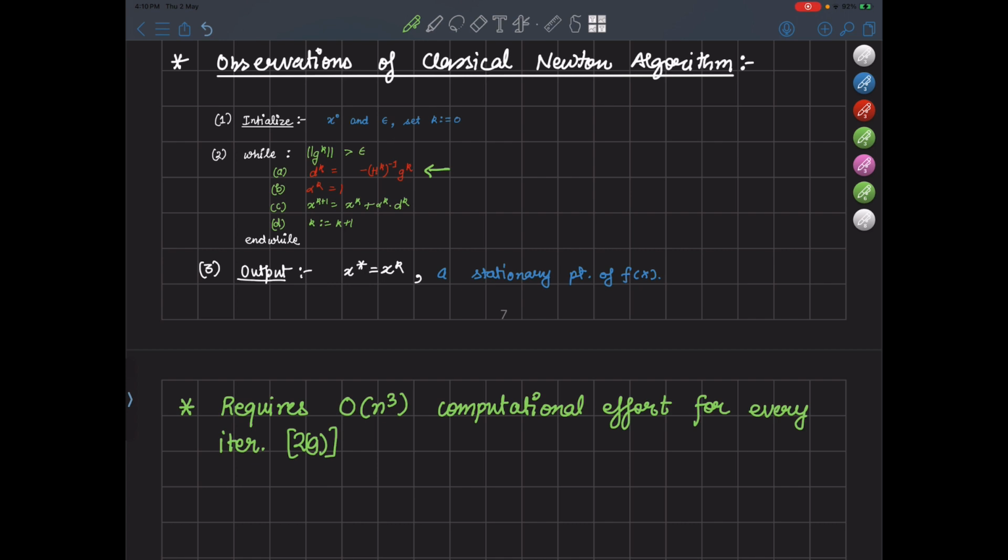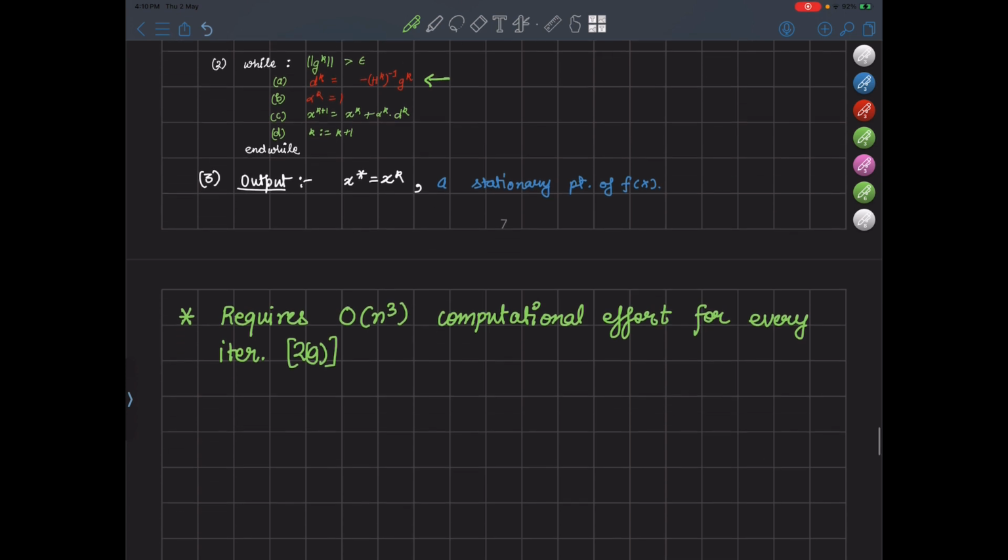So it requires a high computational effort for calculating Hk inverse, and also requires O(n square) storage space.